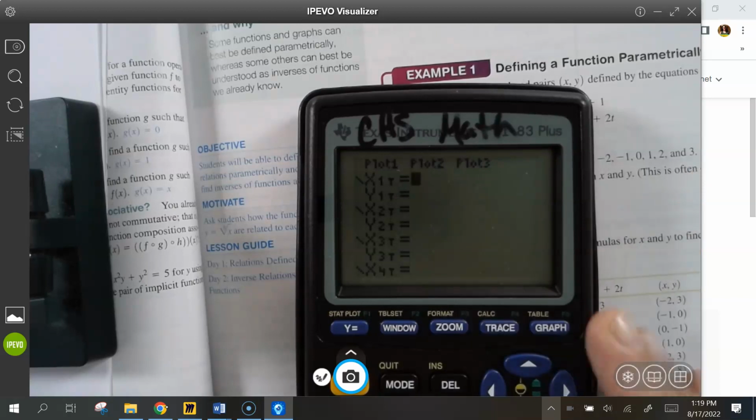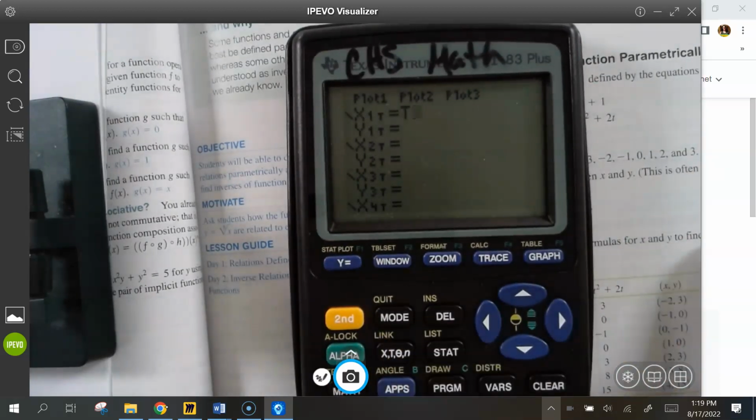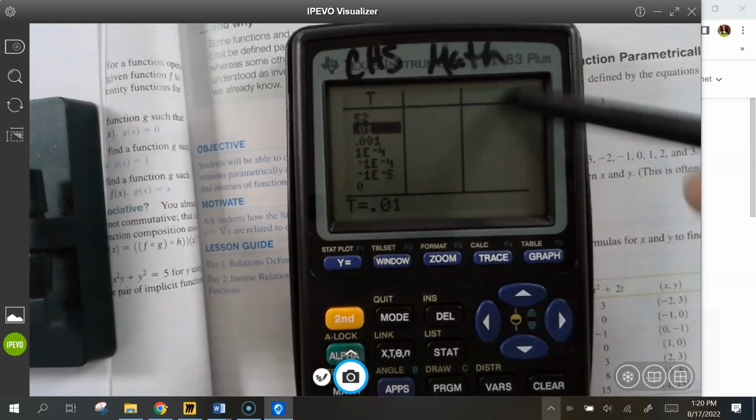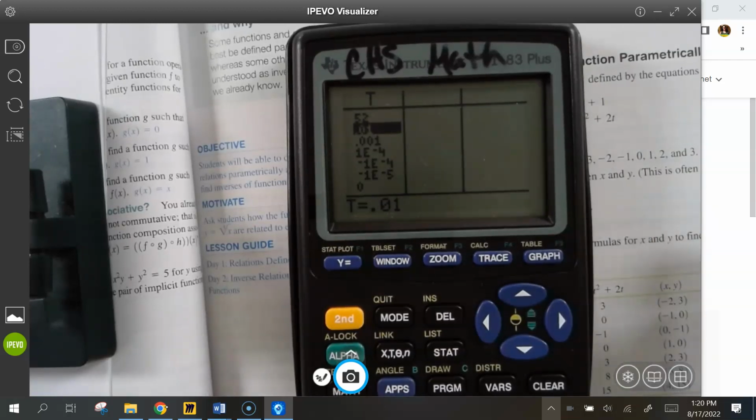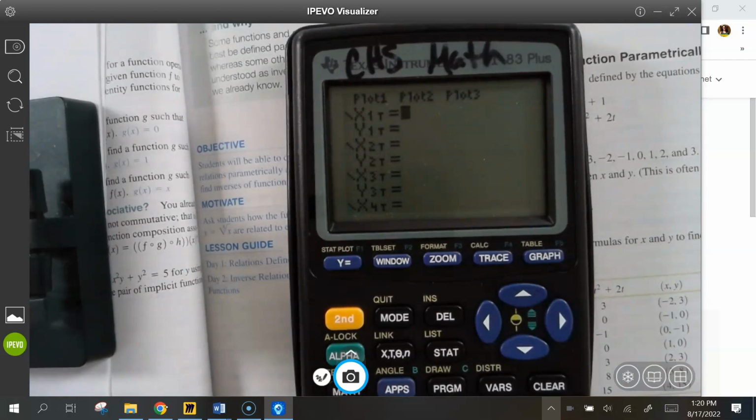And if you hit the variable button that you usually use for x, it becomes t. So you can input your two equations there. Go into second graph. Oh, I don't know why my other rows aren't there. Oh, because I don't have an equation in there.